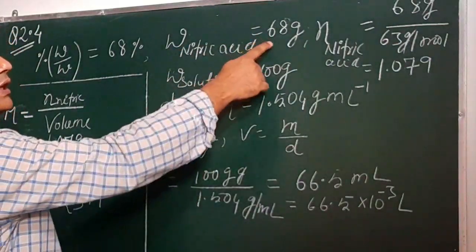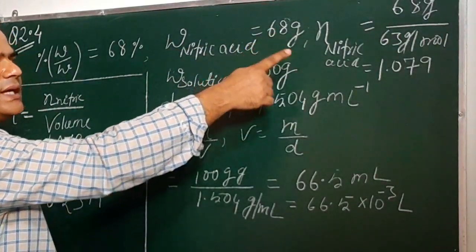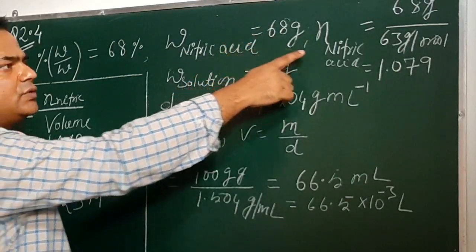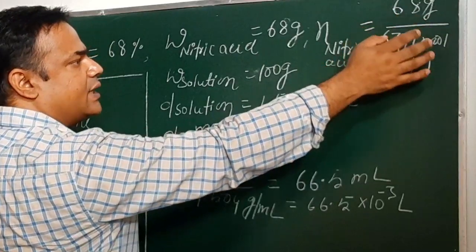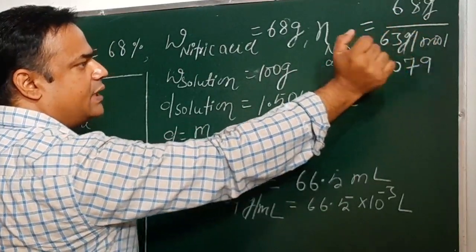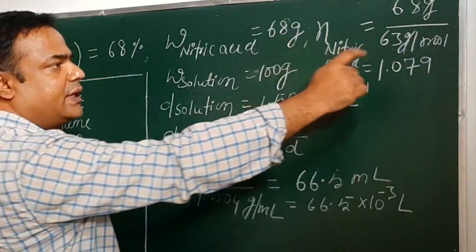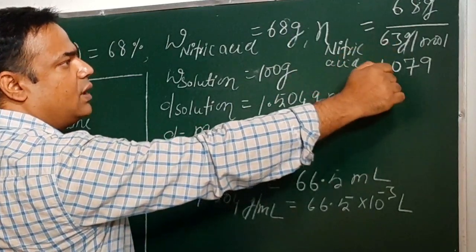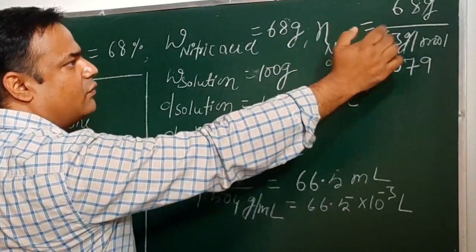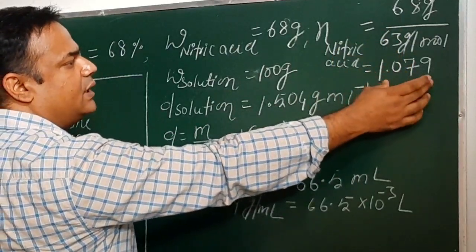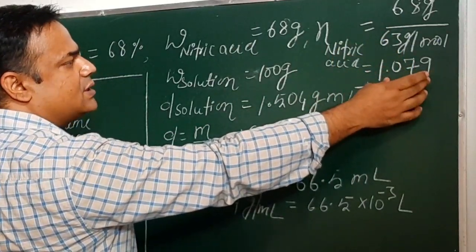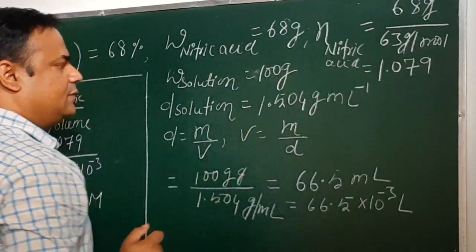From here we can calculate the number of moles of nitric acid present in 100 gram solution, which is the given mass of nitric acid divided by the molar mass of nitric acid. Molar mass of nitric acid is 63 gram per mole and the given mass is 68 gram. When we divide 68 by 63, we get 1.079. So 1.079 is the number of moles of nitric acid.